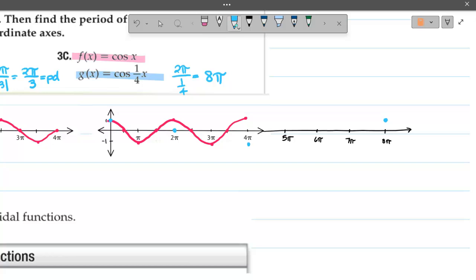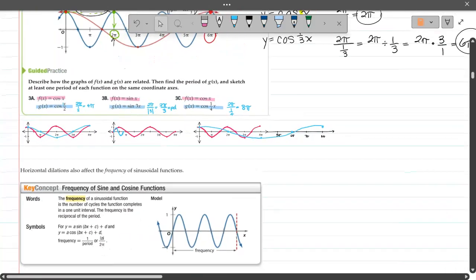Halfway between 4 pi and 8 pi, 6 pi, I'll be at 0. Because remember, cosine starts up, goes down to 0, down to -1, back up to 0, and back up to 1. And that would be one period of that function.